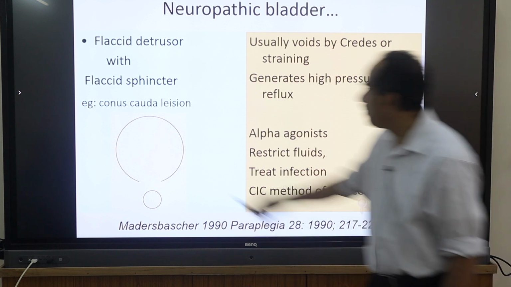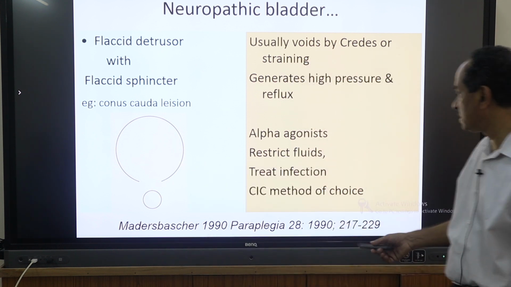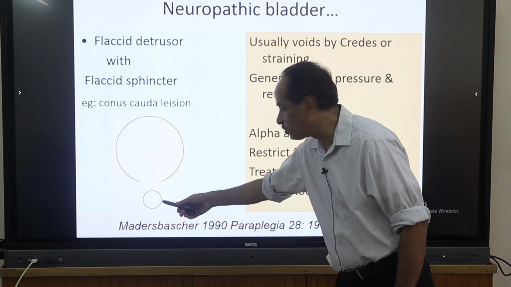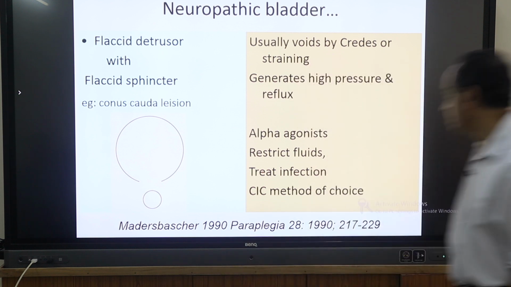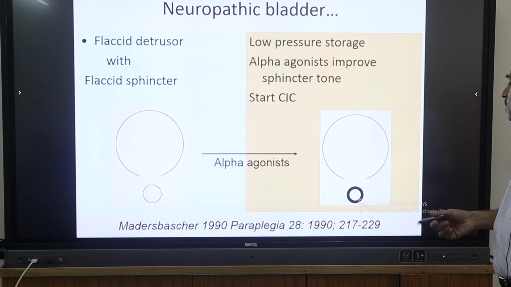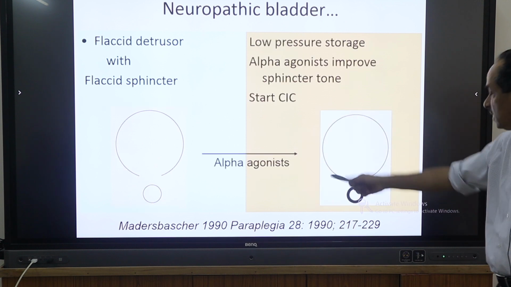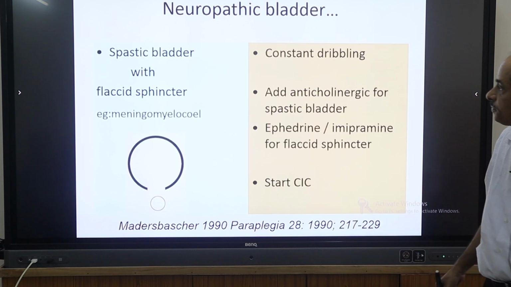Then a flaccid detrusor with a flaccid sphincter: you can try to see whether you can improve the smooth muscle tone with an alpha agonist, see whether that improves a little bit, and then provide continence by intermittent catheterization. When you add the alpha agonist, the sphincter tone may improve to provide the storage.